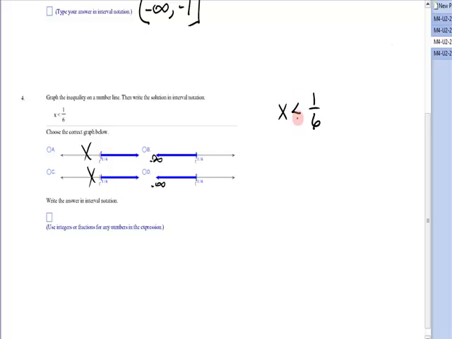Strictly less than, it doesn't say equal to, so just a parentheses. It is choice B. To write that as an interval, I'm going to go from negative infinity to 1/6, always parentheses there, and in this case, parentheses there. You'll get your infinity symbols out of the tool palette also.